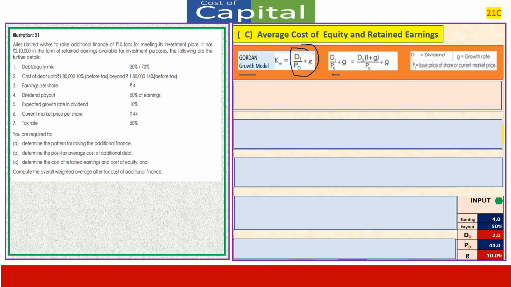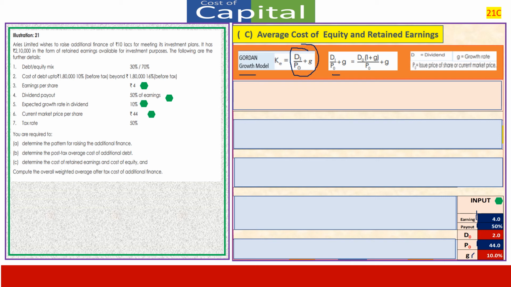Now we have to find out what is all given. Earning per share is given as 4 rupees. Then dividend payout is 50%. Current market price per share is 44 and expected growth rate is 10%.